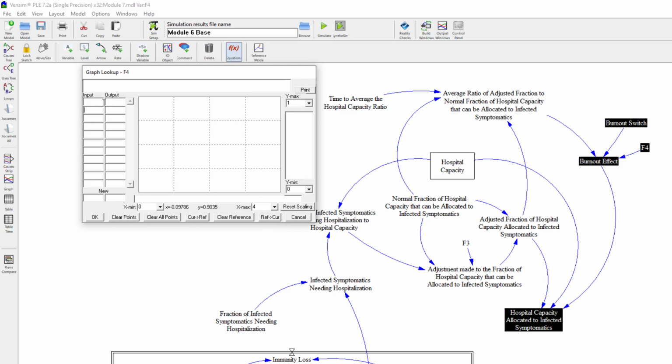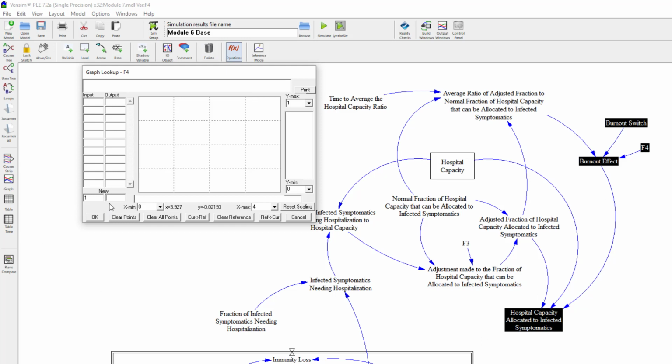Let's think about a situation where the average ratio is 1, meaning that the adjusted fraction equals the normal fraction. In that case, there will be no burnout, so we don't really need to change the hospital capacity.